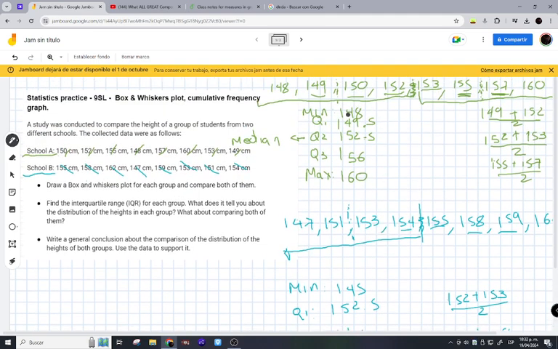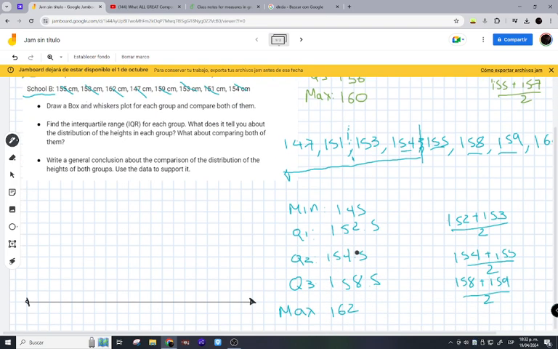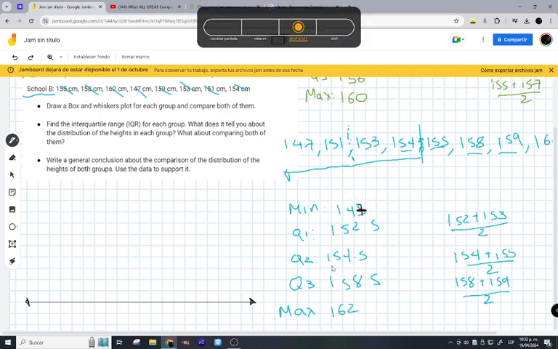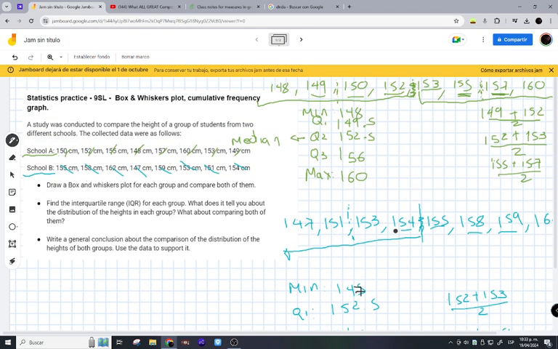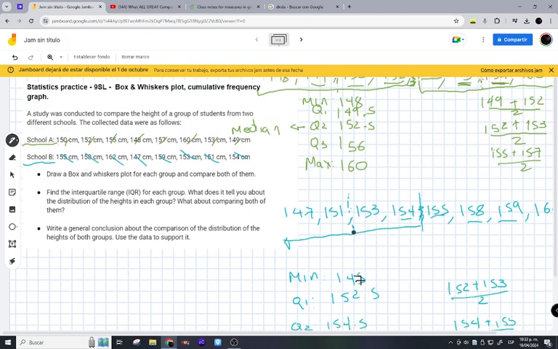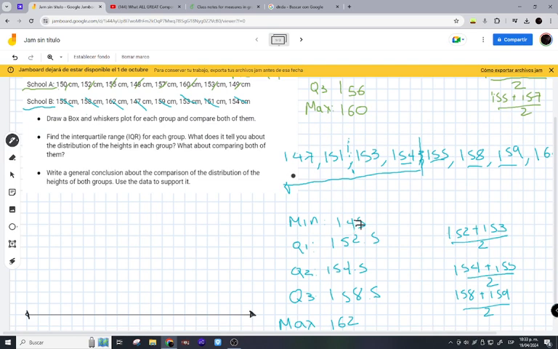So this one comes from 148 to 160, and this one comes from 147. I don't know why I wrote this wrong. 147, excuse me. 147, yeah, to 162. So the exact smallest number that we are using is 147.